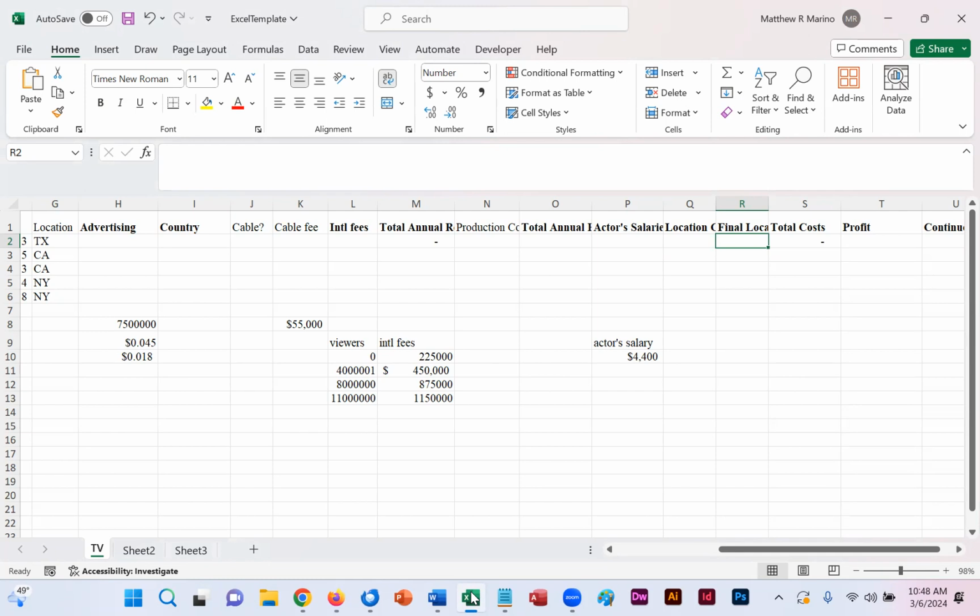So it'd be if your location cost is greater than zero, then take the minimum of the 10,000 or your location cost. And in the instance where you don't have New York, then you do comma 0 for the false.